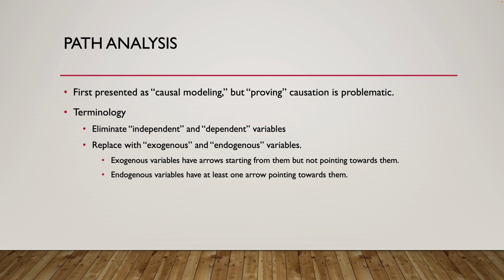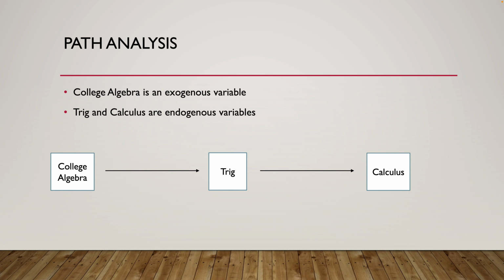So a little bit of terminology. First thing, we eliminate independent, dependent terminology, predictor, all that, and we replace it with exogenous and endogenous variables. So exogenous variables will have arrows starting from them, but not pointing toward them, and endogenous variables will have at least one arrow pointing toward them in the path model.